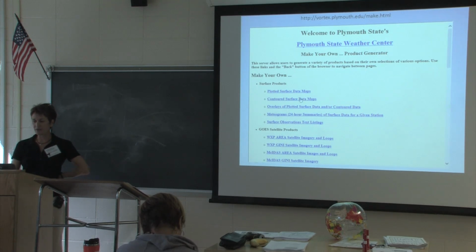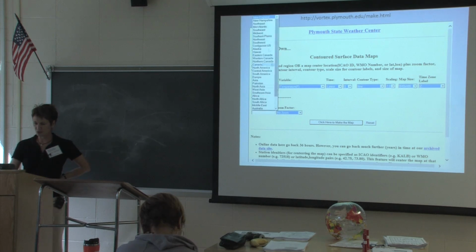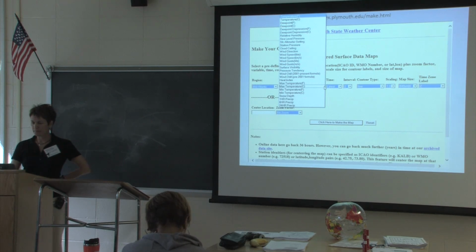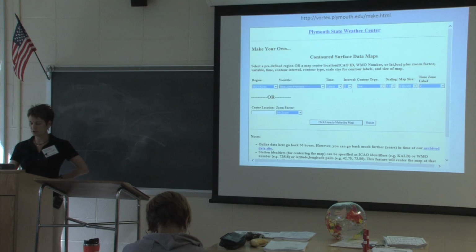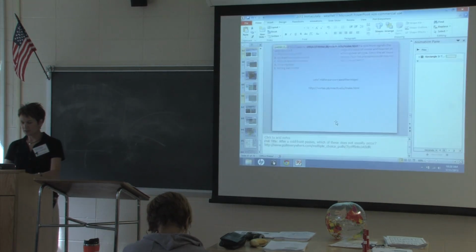I'm going to pick a contoured surface data map. What variable should I choose? Let's choose the Mid-Atlantic, and maybe sea level pressure. Let's see what it gives us. Oh, that's pretty spacey. Let's try it again.